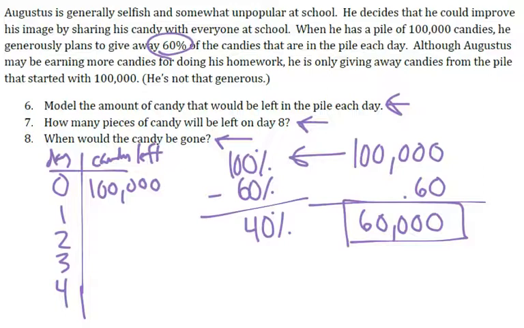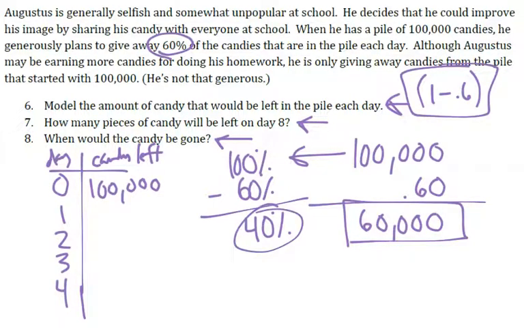So really what we're doing here is multiplying by 40%, because that's what's left over. The way to think about it is 1 minus 0.6. That's like 100% minus 0.6. You could multiply by that, but we know that's just 40% or 0.4. So that's the one we want to deal with.